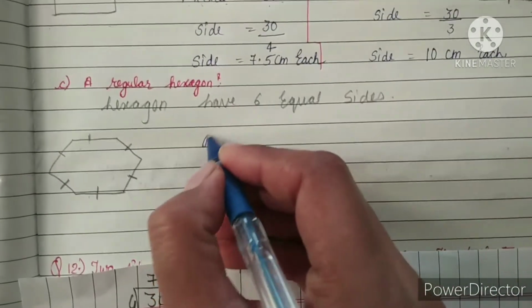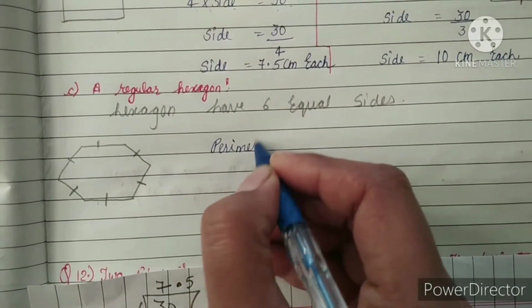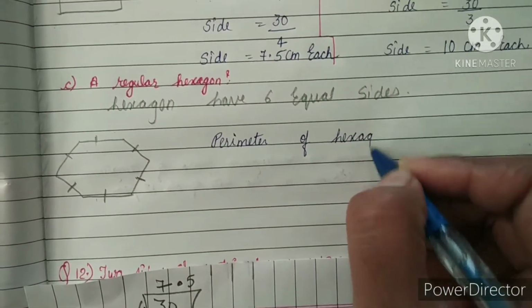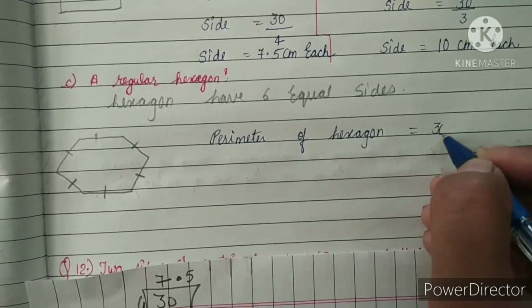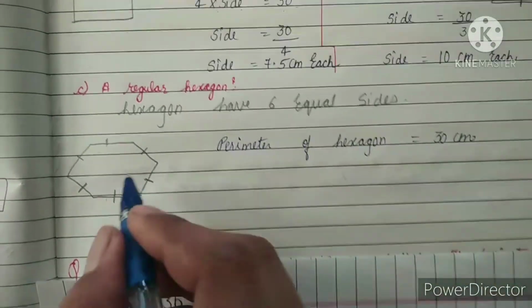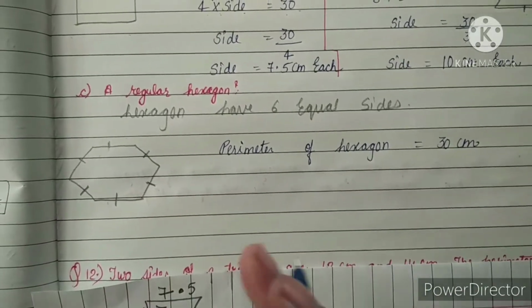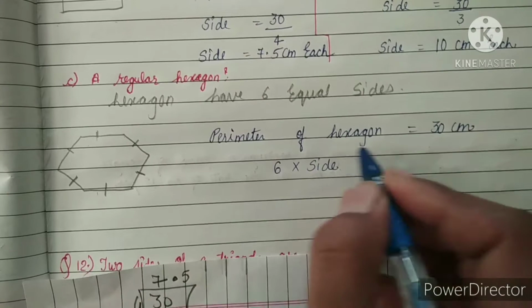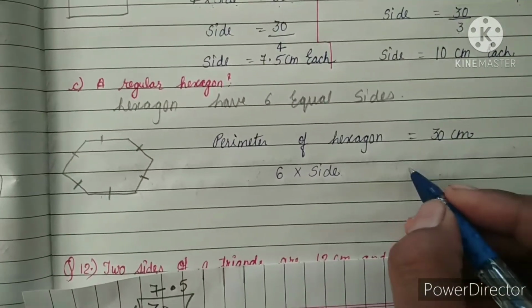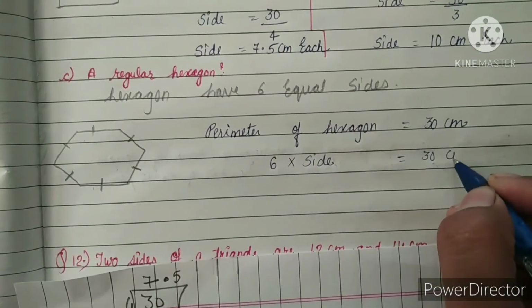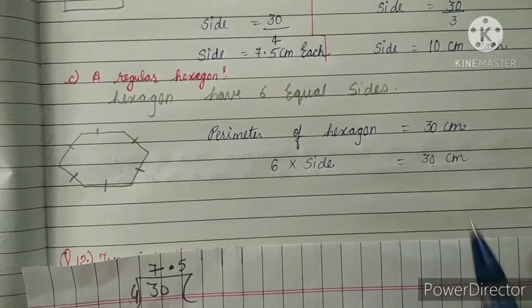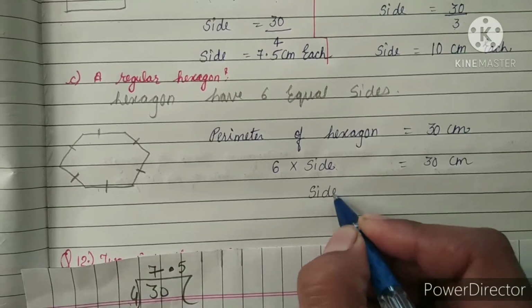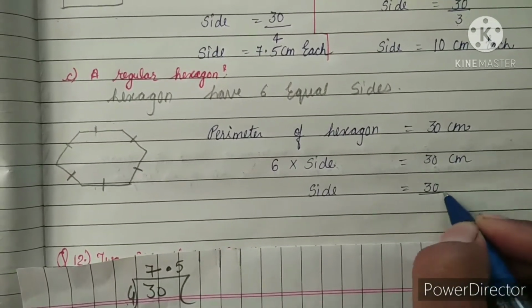Already given in the question, perimeter of hexagon is 30 centimeter. And how many equal sides we have? 6 sides. So the formula of perimeter of regular hexagon is 6 into side, and on the opposite side we have 30 centimeter. This 6 is in the multiplication, so on the opposite side it will go in the division.